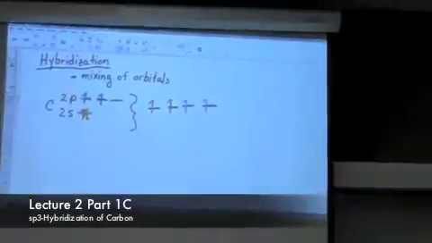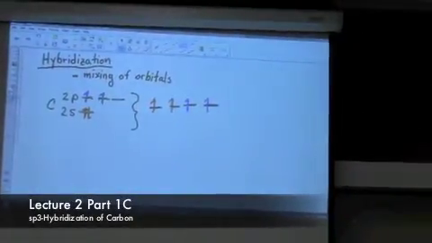Okay. Now, what do we call these things? They're not s orbitals, they're not p orbitals, they're not really sp orbitals. They're 1 part s and 3 parts p, right? Because we have 1 s orbital here and 3 of the p's.